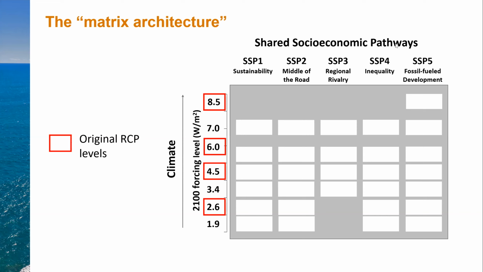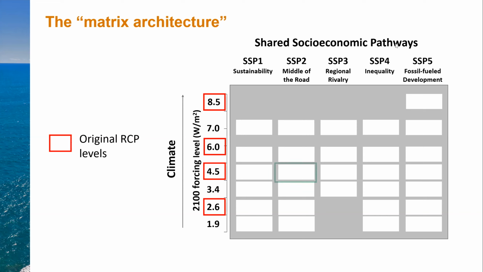When you do all of that, they don't add up to 8.5 watts per meter squared of warming. Only SSP 5 does in its unmitigated state. And so that's why there's only one box filled in. In some of these, in the SSP 3 scenario in particular, because of the nature of that storyline, in particular that it's a non-cooperative story, without cooperation across countries, you can't reach the low levels of forcing. So there's no boxes down there.